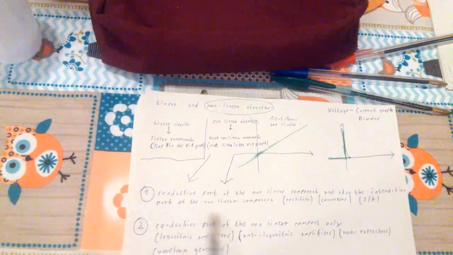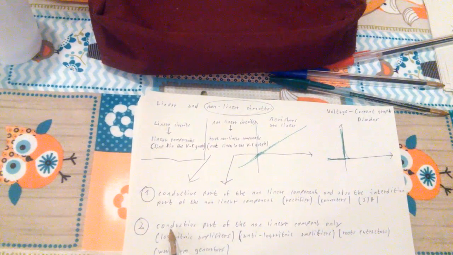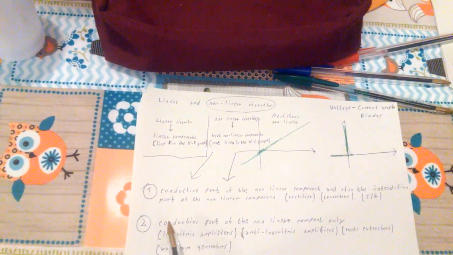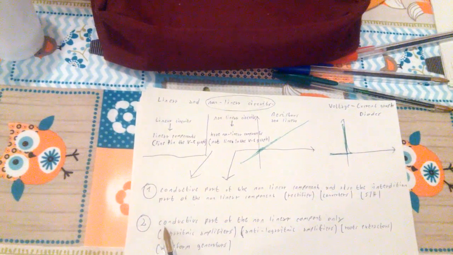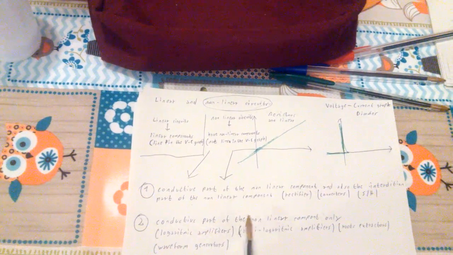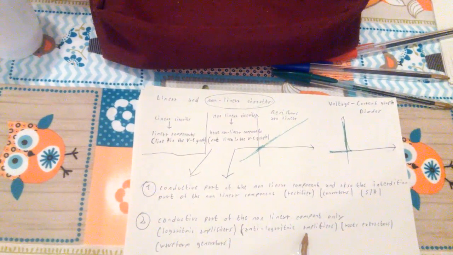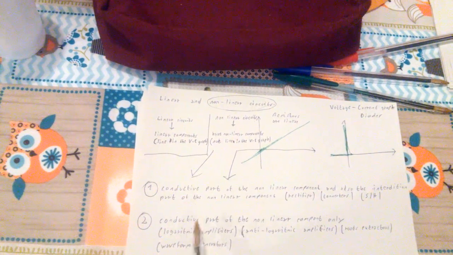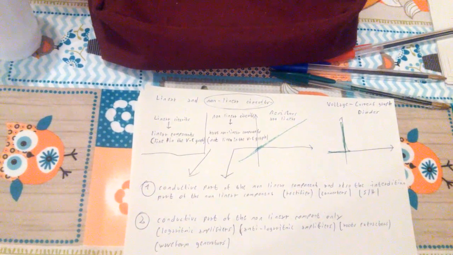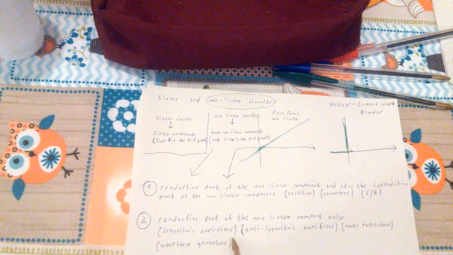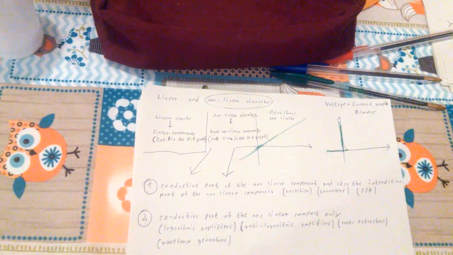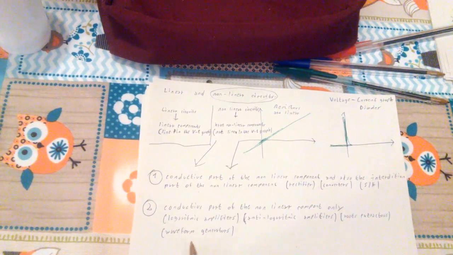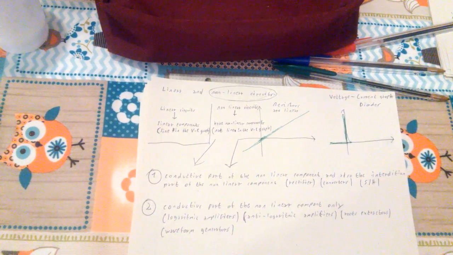The other category of nonlinear circuits are those that make use of the conductive part of the nonlinear components only. So they do not make use of the interdiction part, but only of the conductive part. We have things like logarithmic amplifiers, anti-logarithmic amplifiers, root extractors, waveform generators, and so on and so forth.